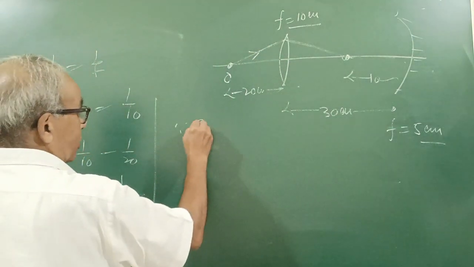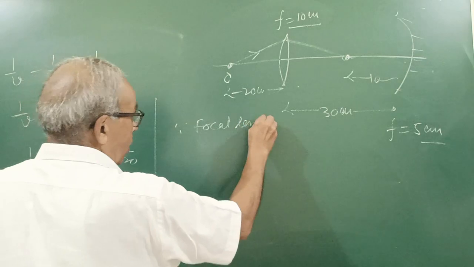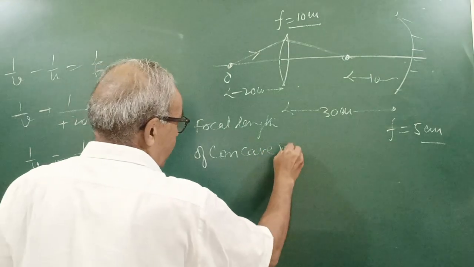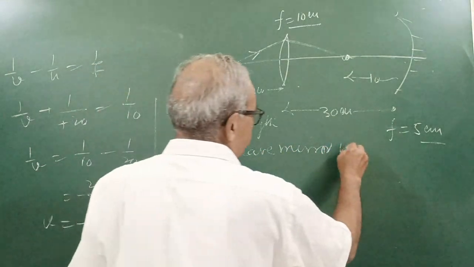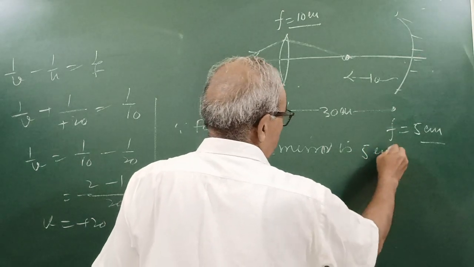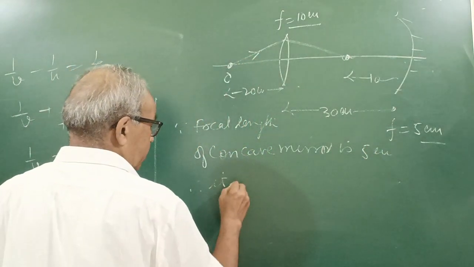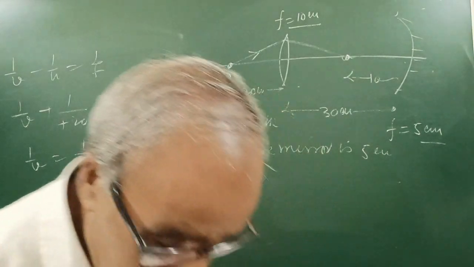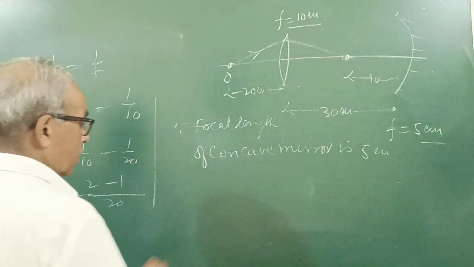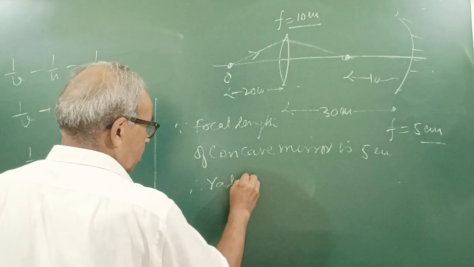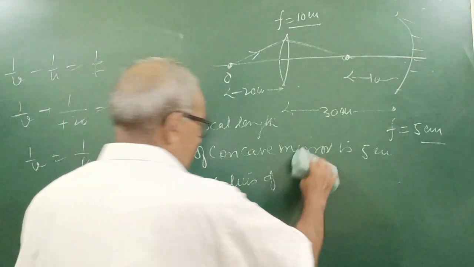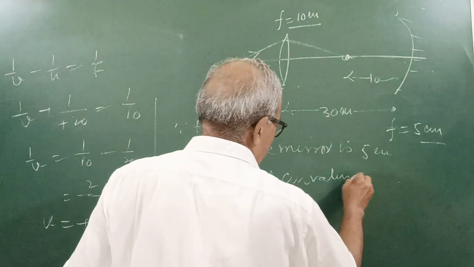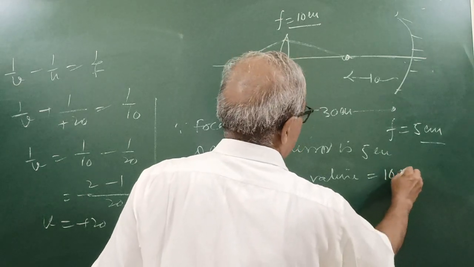Since the focal length of the concave mirror is 5 centimeter, its radius of curvature is equal to 10 centimeter.